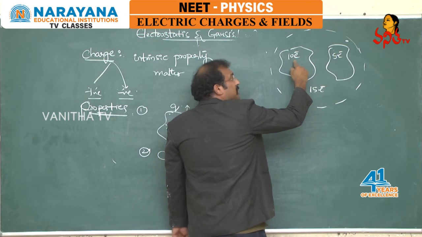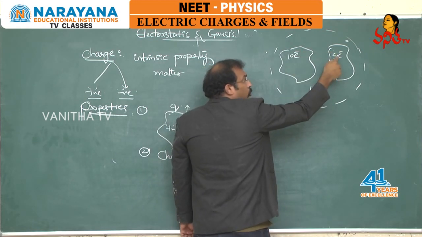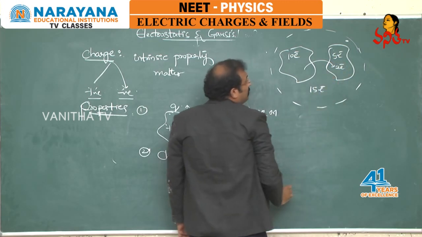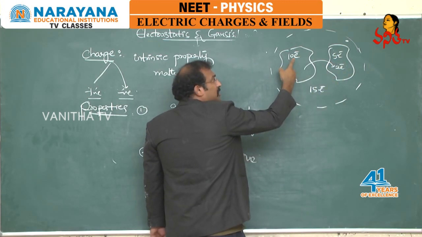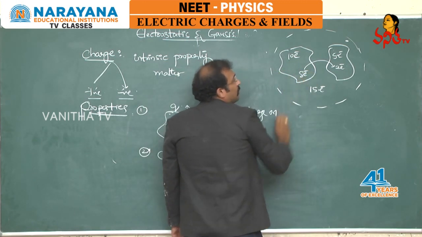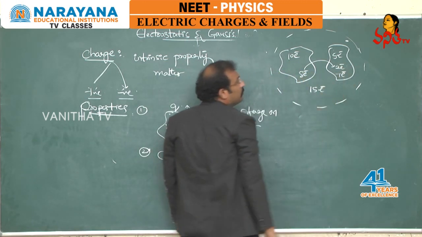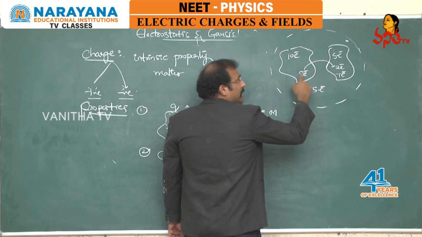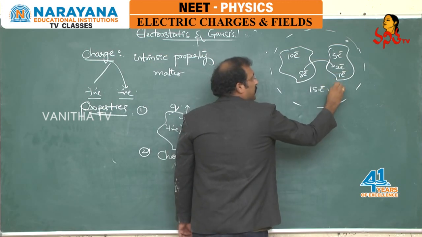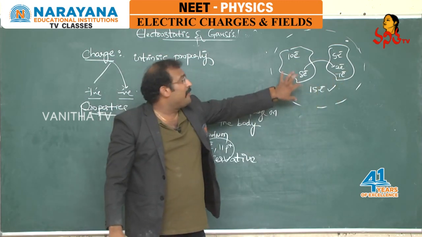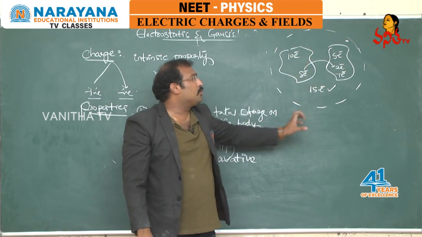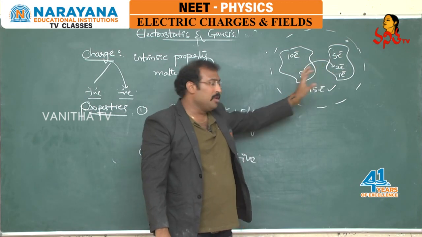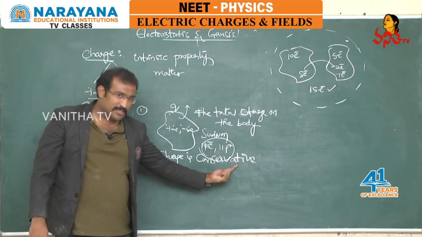Now, some of the electrons of this one is transferred to the body of 5 electrons. Let us transfer 2 electrons to this. Now, the total number of electrons on this first body is 8 electrons. On this is 7 electrons. Now the total charge of the system, again it is 8 electrons plus 7 electrons gives rise to 15 electrons. In this way, whenever there is an isolated system, the total amount of the charge will always be constant. So we simply say the charge is conservative.